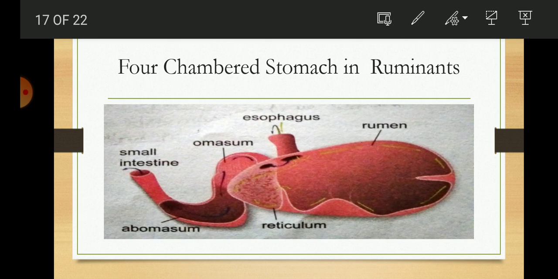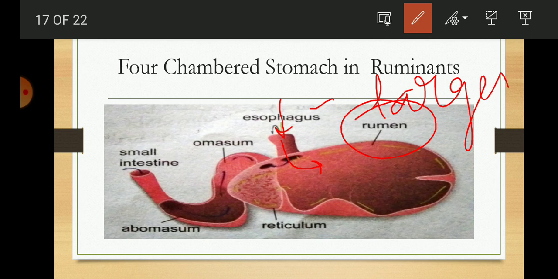Here you can see the structure of the stomach only. As you can see, there is the esophagus region, and from this esophagus the food first enters the rumen part. The rumen is the largest chamber, and the food is completely mixed into the rumen fluid.